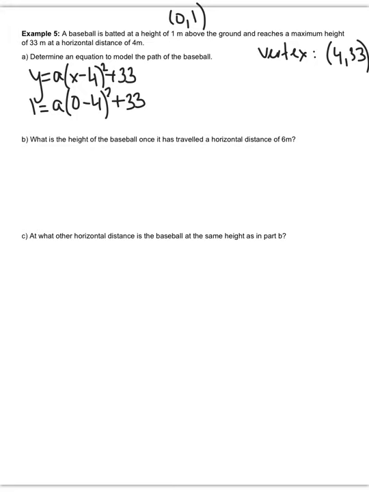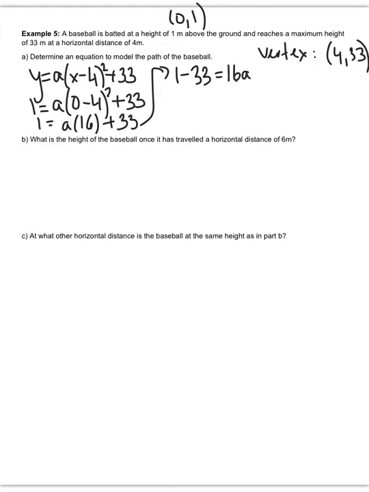Okay, so then we get 1 is equal to a times, negative 4 squared is just 16, plus 33. Really important to remember your BEDMAS, or order of operations. So our next step is 1 minus 33 is equal to 16a.